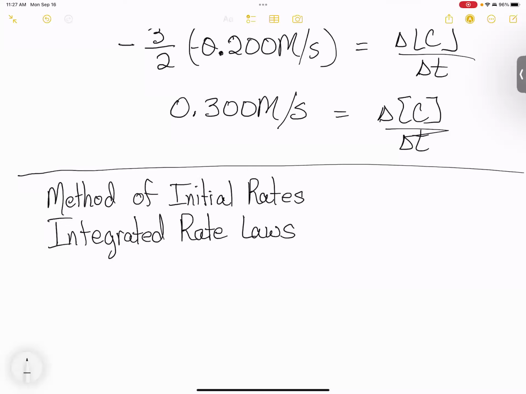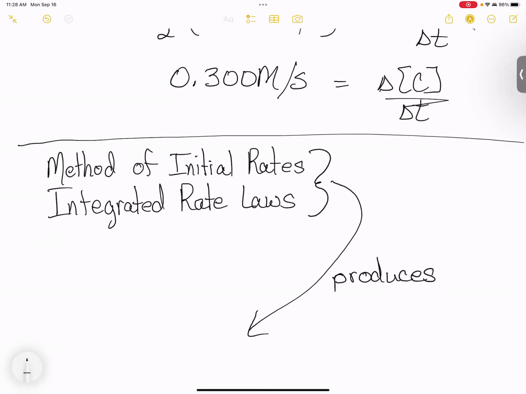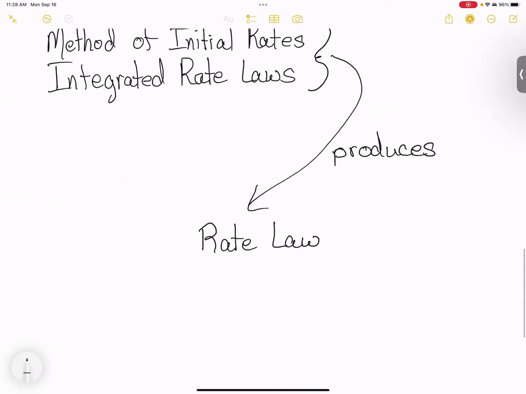Now, what is produced from this information is a rate law. All rate laws have a general formula.